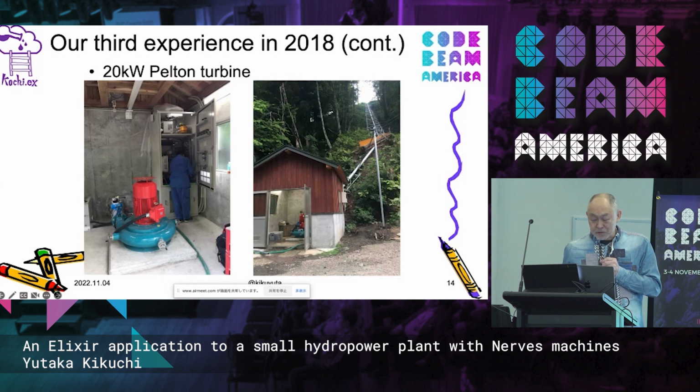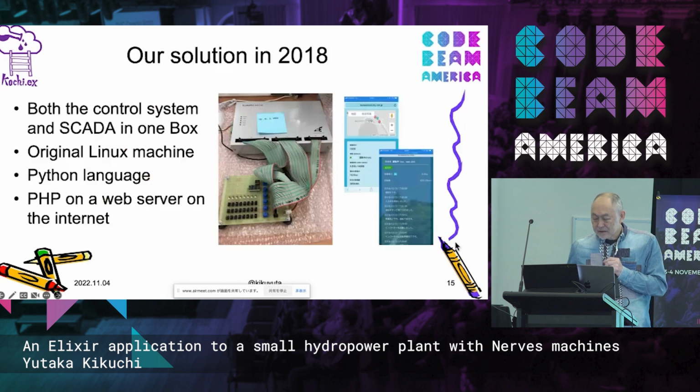He wanted to use spring water for power generation when he does not need to make artificial snow. This Pelton turbine produces about 20 kilowatts.